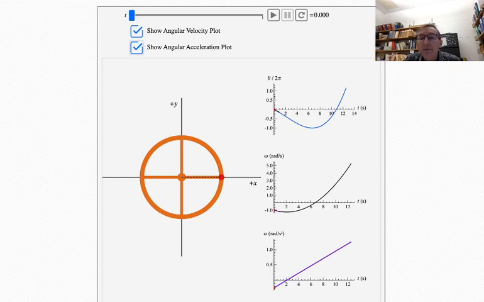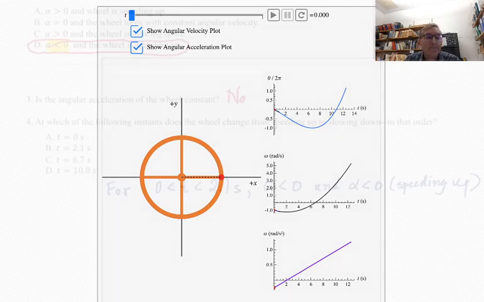Now let's look for the time between 2.1 and a little past 6 seconds. Turns out it's 6.7 seconds. Between 2.1 seconds and 6.7, the angular velocity is still negative, but the angular acceleration is positive. Let's write that down.